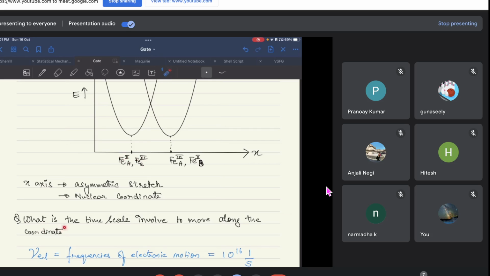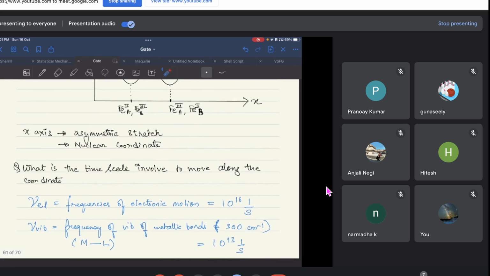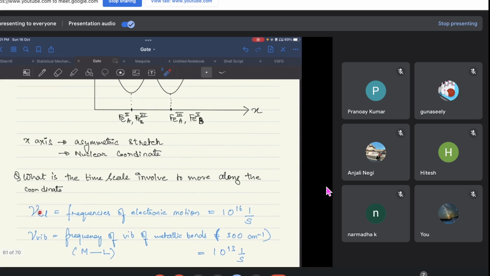Now, what is the time scale involved to move along the coordinate? I can write nu electronic, my frequency of electronic motion, which will be around 10 to the power 16 per second.